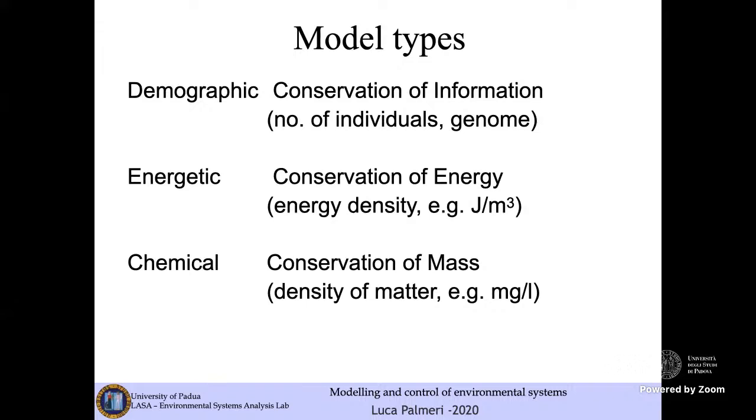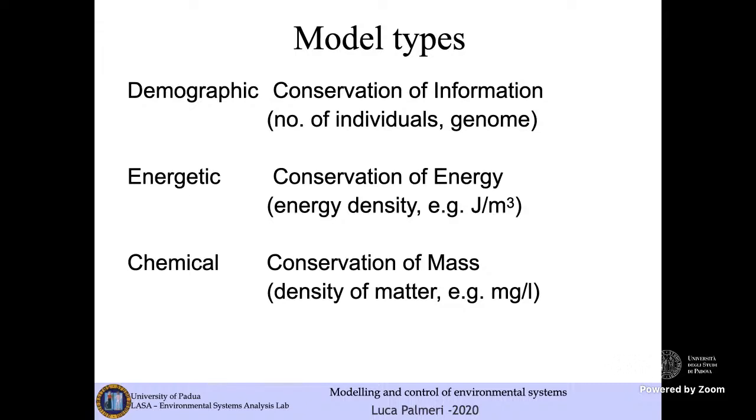There are other distinctions between ecological models depending on the type of currency that is flowing in your model. The currency is the unit or measure, might be energy, might be entropy, might be concentration, and so on.